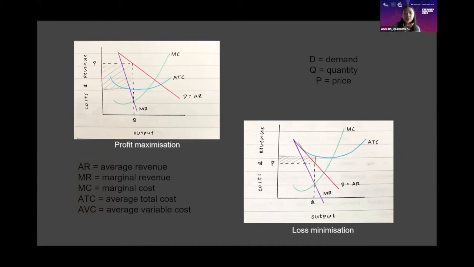So the difference between the 2 graphs is where the average total cost curve is. If the total cost is below the demand curve, then they should be making profits. But if the average total cost curve is above the demand curve, then they are making losses.